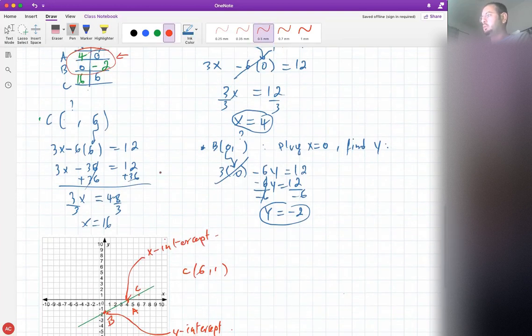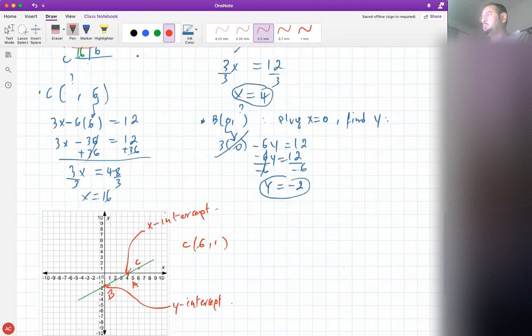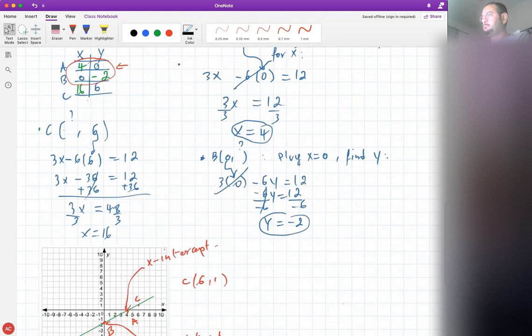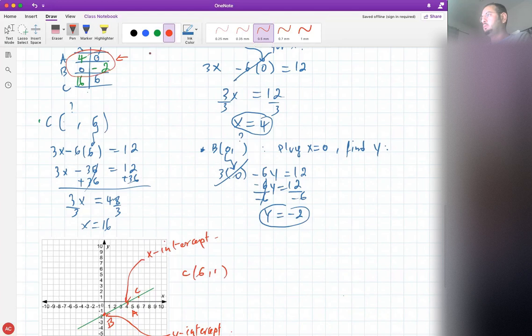This point is the x-intercept. And the other point B, this is B, because it has 0 here. That's why it's on the y-axis. So B is the y-intercept.